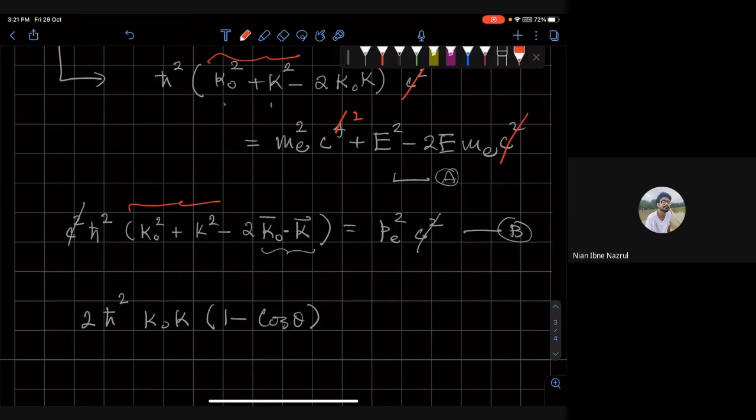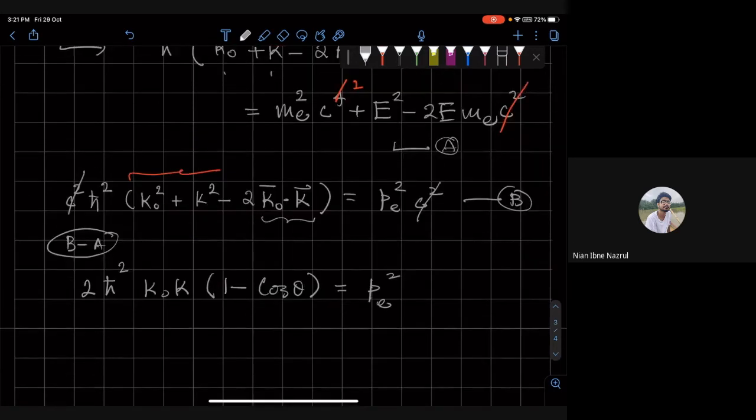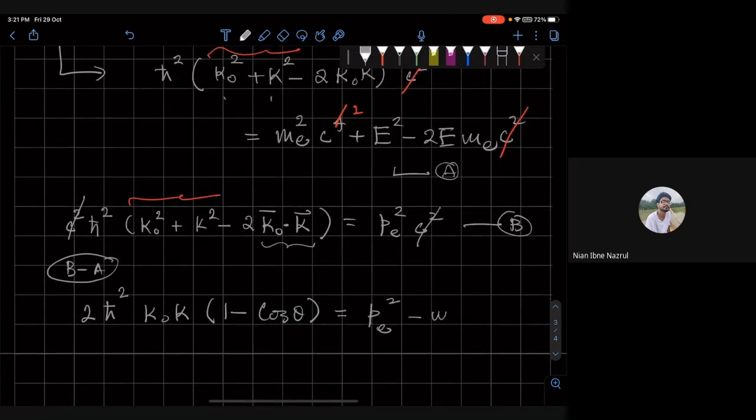And what do we get on the right-hand side? On the right-hand side, we get 4 of these terms, right? So we are basically doing B minus A. So if I do that, then on the right-hand side, I get pe squared minus me squared c squared.